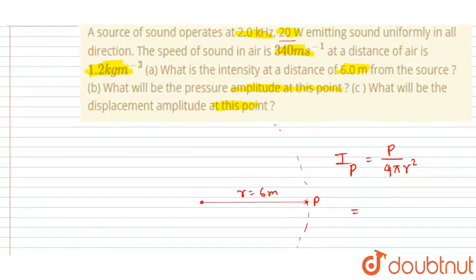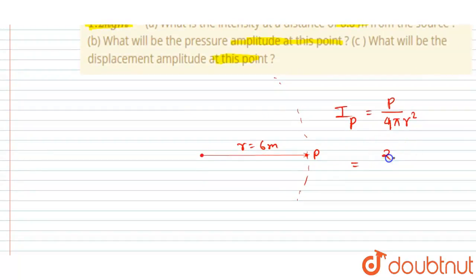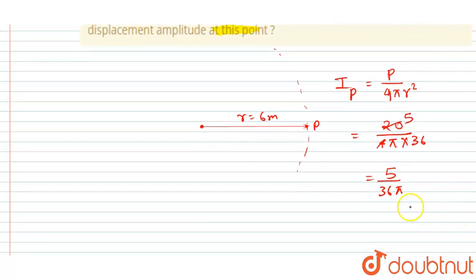So power here is 20, and 4 pi and r square is 36, right? So this will be cancelled out by 5, so you will write 5 by 36 pi will be the intensity at this point. Okay, so if you calculate this further, then you will get the intensity.